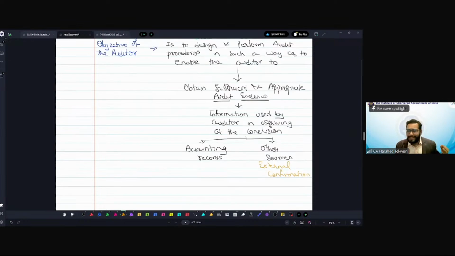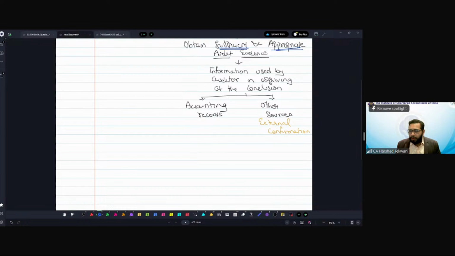Now we discussed the sufficiency and appropriateness of audit evidence. When I say appropriateness, it talks about the relevance of the audit evidence and its reliability. We will discuss these two terms in detail so that we can understand what we need to perform before we can say a particular evidence is sufficient and appropriate.